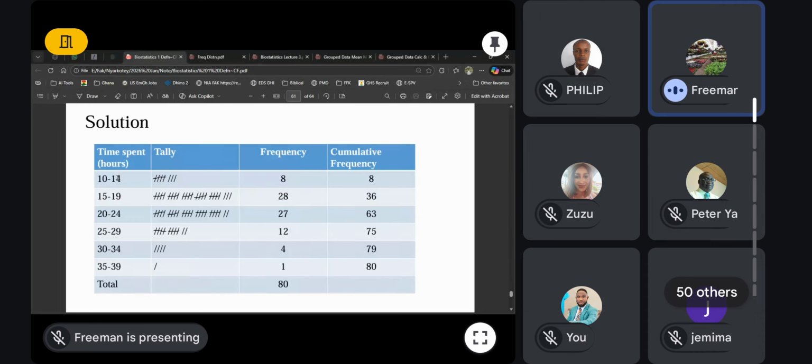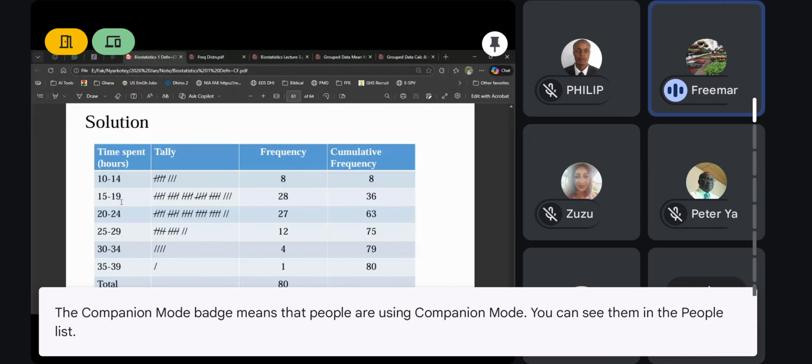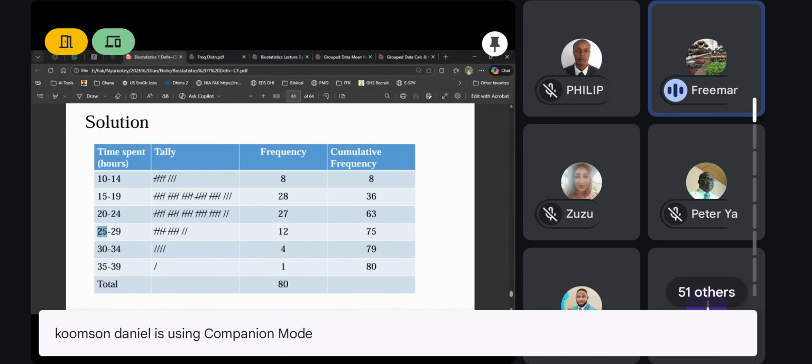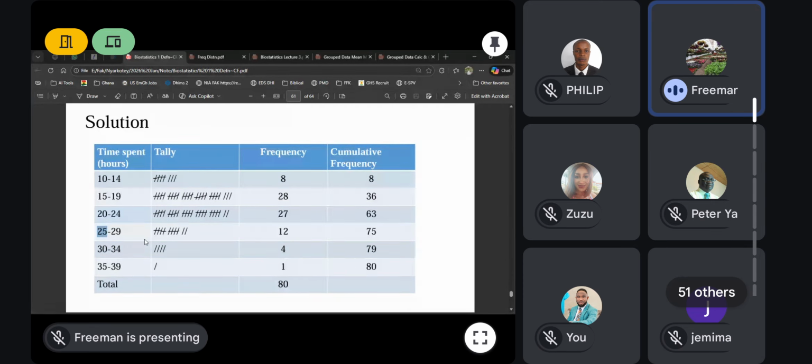If you have 29.5 and you take away 24.5, you are going to get the same 5. All of them. It's a uniform class. So the class width remains 5 for all of them.